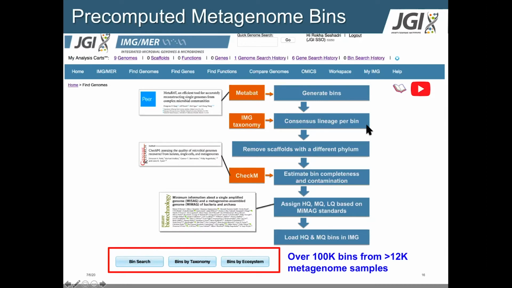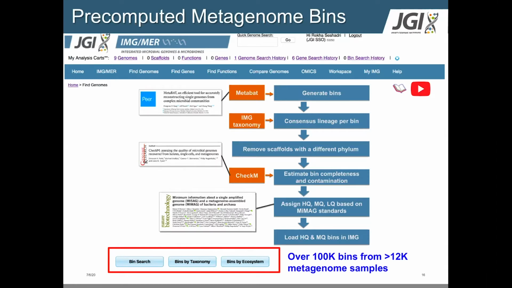We do a certain amount of QC to remove offending contigs that don't fit in that pre-computed metagenome bin. And we perform a CheckM based evaluation, just like you did. And only the high quality and the medium quality metagenome bins are then loaded into IMG. So at present, we have over 101,000 bins that have been predicted from over 12,000 metagenomic samples.